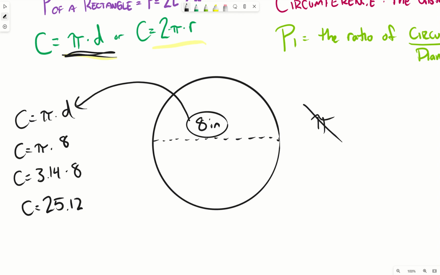So if we're doing things like IXL or bookwork or whatever, and it says use 3.14, please use 3.14. Don't just use the pi button. Life will be a lot more complicated if we're just using that pi button. Okay? Thanks.